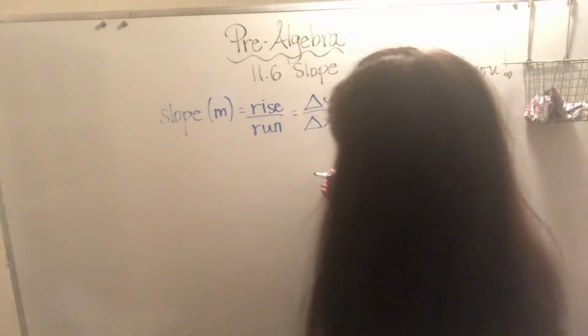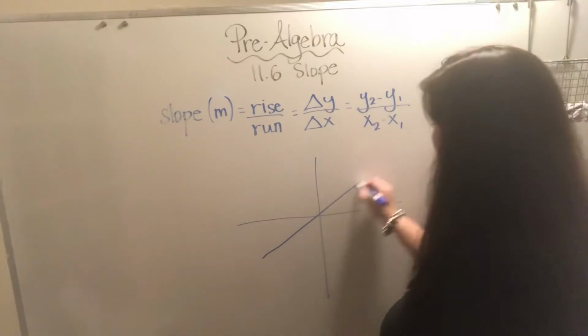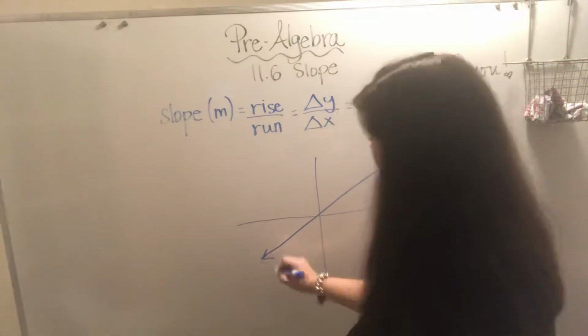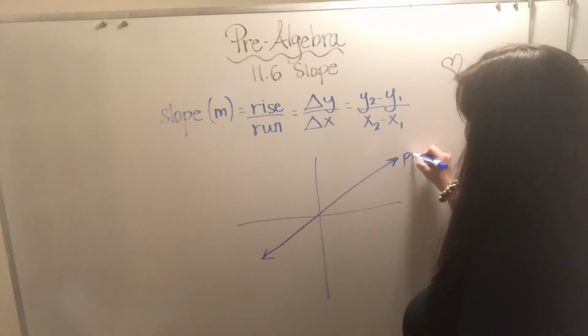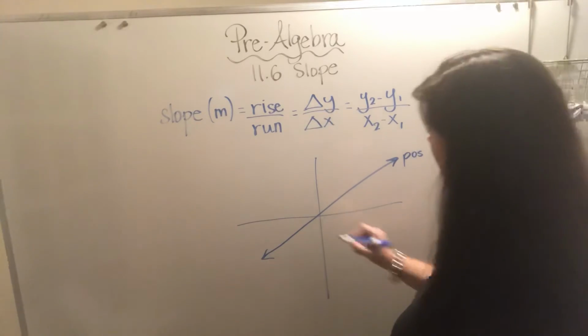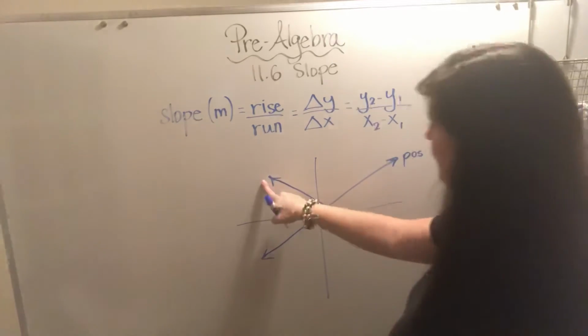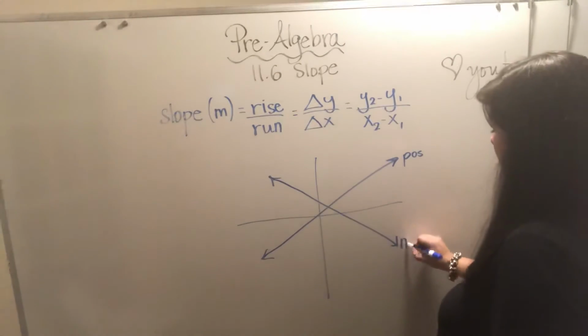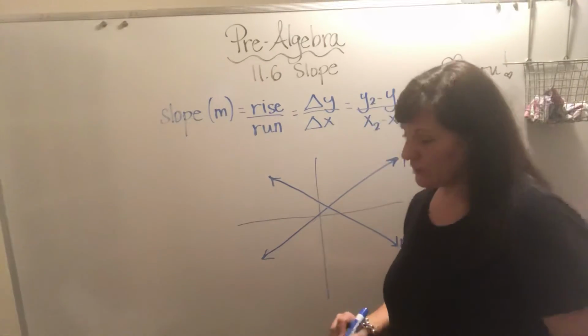So if I have my axis, I'm looking at this line left to right, and as I move left to right, it's going up, it's positive. When I look at this line going left to right, it's going down. So I recognize that is a negative slope.